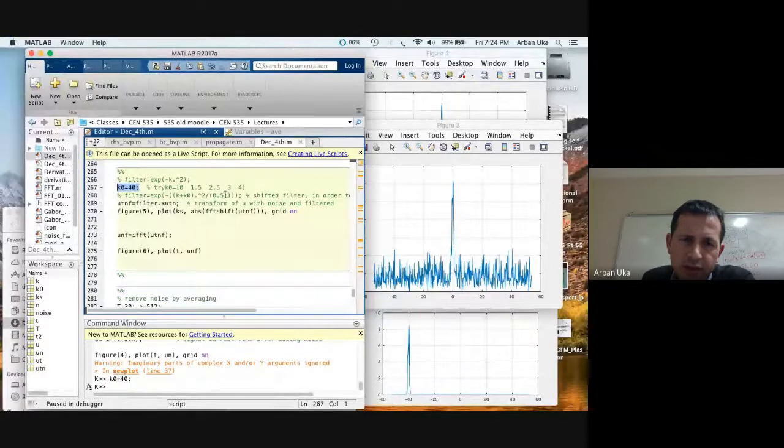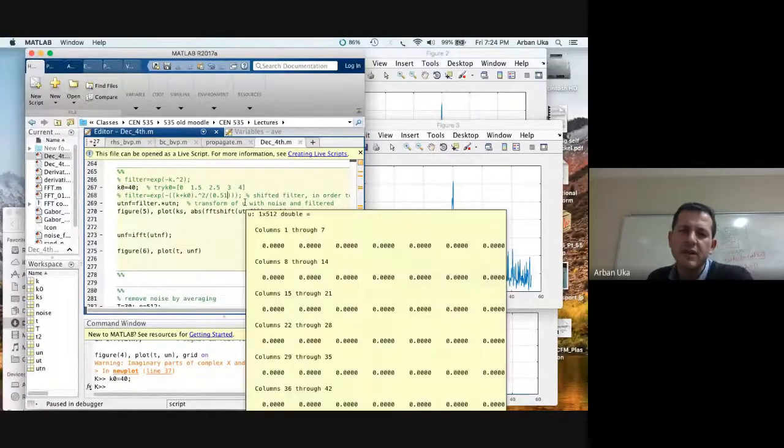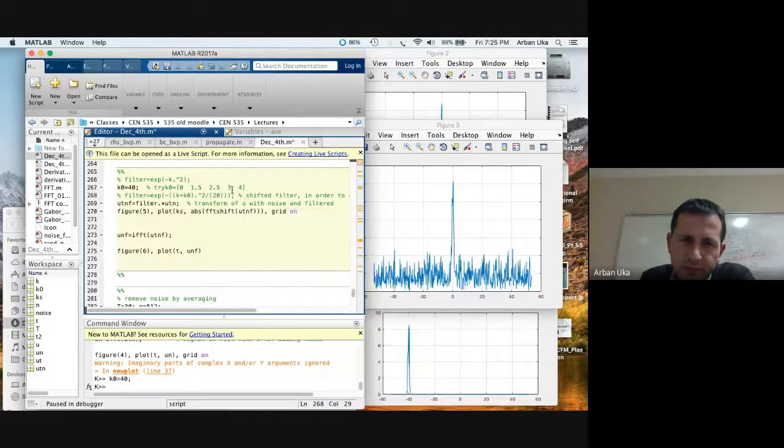And then, now let's make a filter, but the filter should have a very large bandwidth. For the filter to have a very large bandwidth, we know that in the denominator, here we should have a large number. So this is over 2 sigma square. Let's put here, I don't know, let's put here 20, for example.